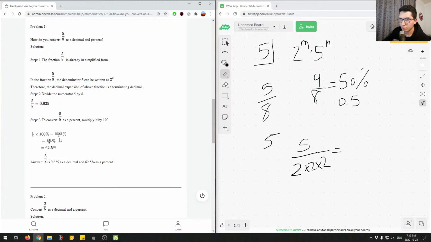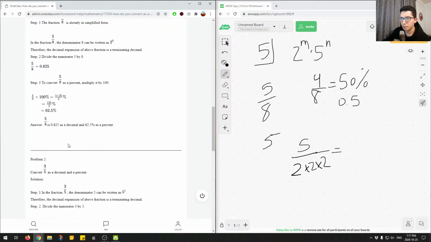So 5 times 25 divided by 2. Here they multiply by 100%. Yeah, I'm not quite sure what they did here, but they did end up with the right final answer.